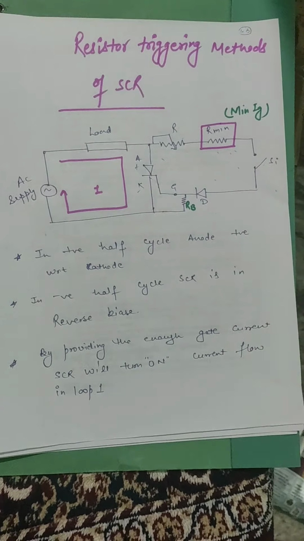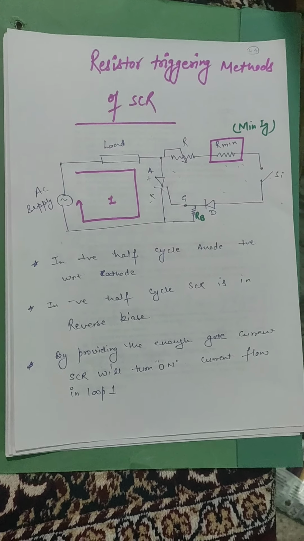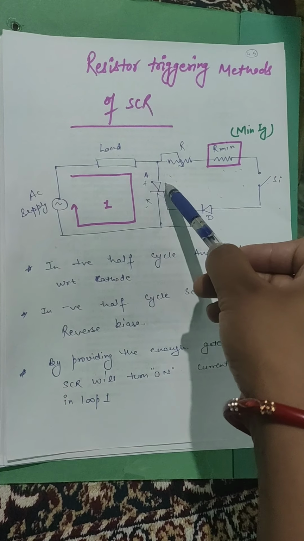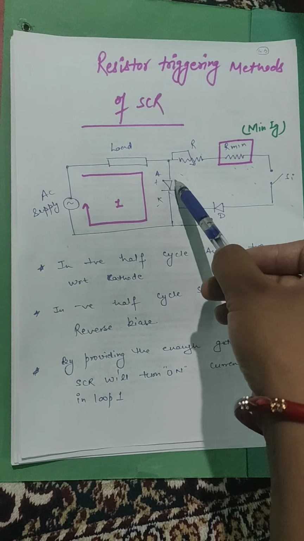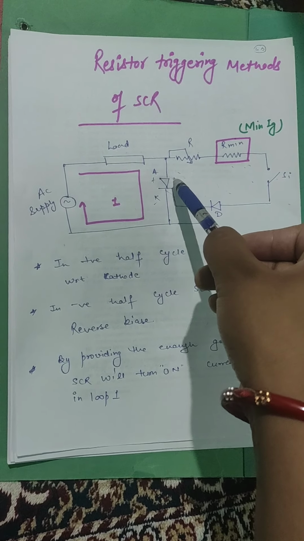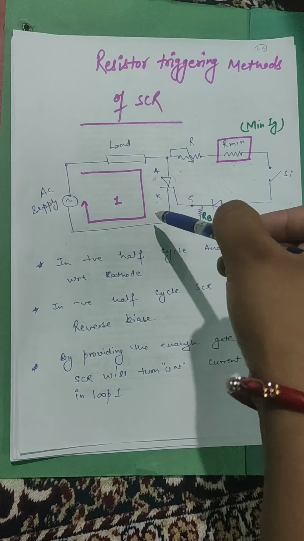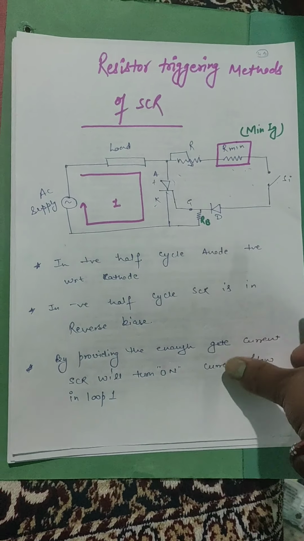If we provide enough gate current to the cathode, the SCR will turn on. I have explained earlier why we use gate triggering to turn on the SCR.